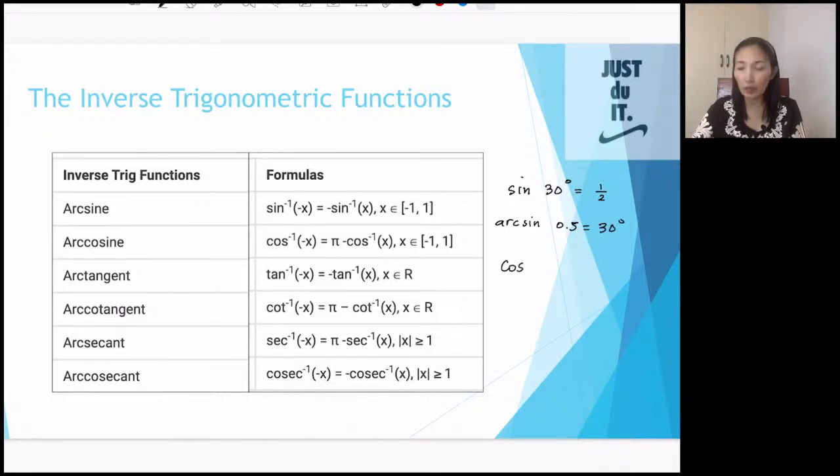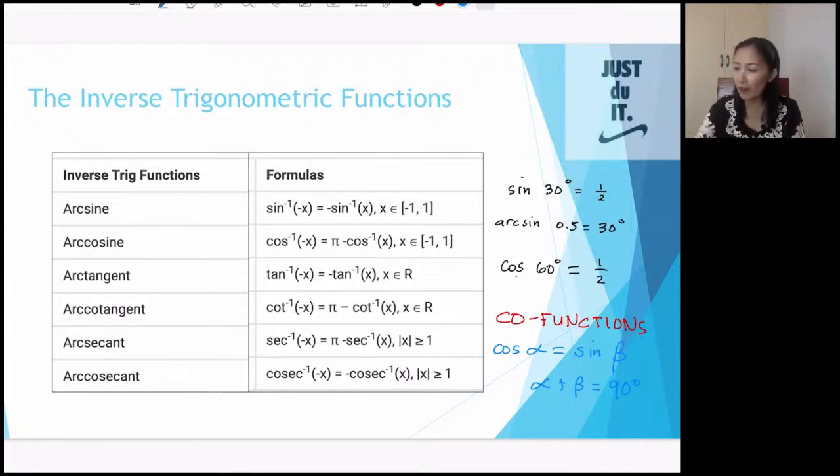You know very well also that cosine of 60 degrees is also equal to 1/2. Remember from your trigonometry that sine and cosine are co-functions, complementary functions. What do we mean by this? Cosine of alpha is equal to sine of beta only when alpha plus beta is equal to 90 degrees.